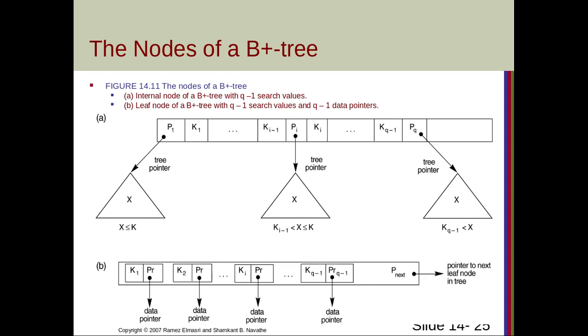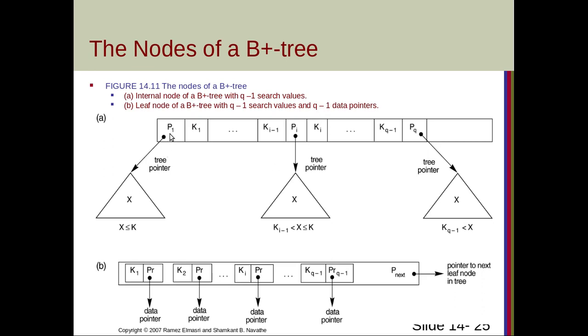Leaf nodes of a B plus tree have Q minus 1 search values and Q minus 1 data pointers. Actually here it is written as Q minus 1 data pointers, that is wrong, and Q data pointers are there.